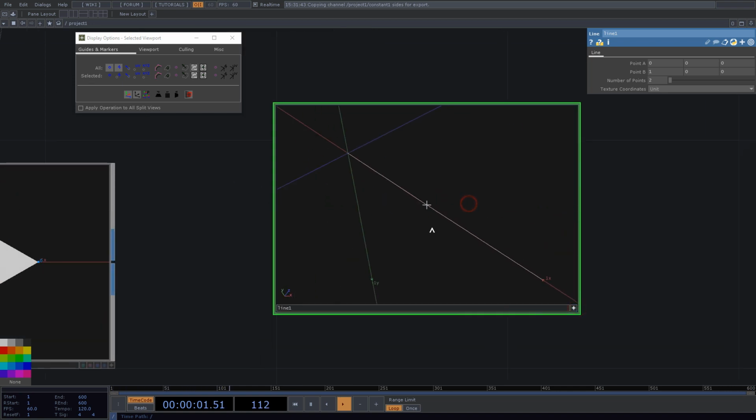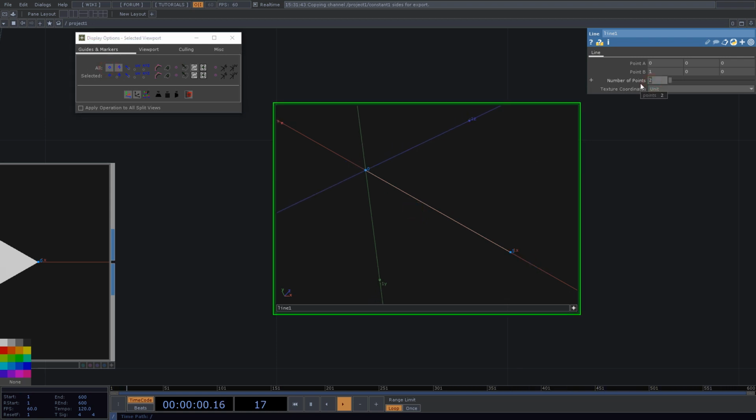Okay, now what I want to do is use align SOP, which has some nice feature of creating some points in between point A and point B, in a very nice order.